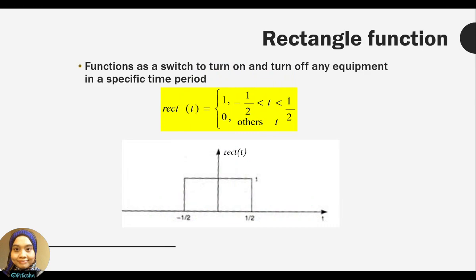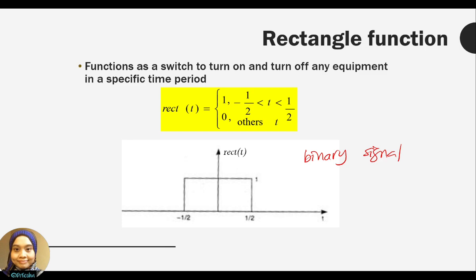Another one is what we call the rectangle function. This is very famous. You will see this type of function or signal, especially as a binary signal or digital signal. Both are the same thing. This function actually works as a switch to turn on or turn off any equipment in a specific time period.